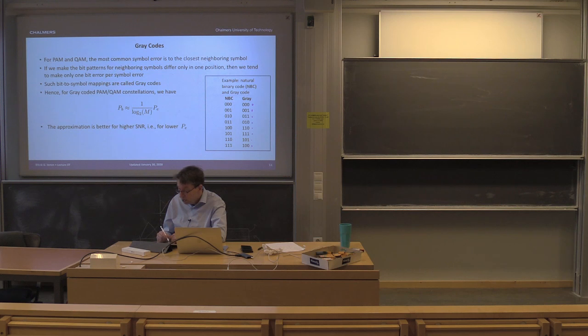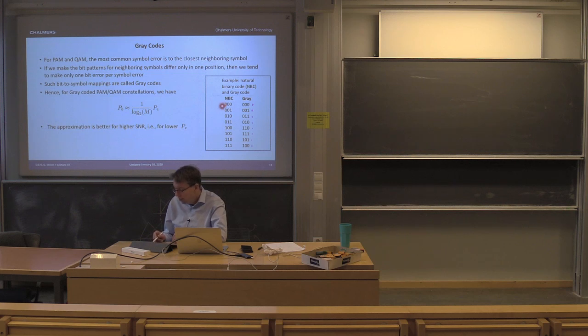And this is in contrast to something called the NBC code, or the natural binary code, which is how you would write 0, 1, 2, 3, 4, 5, 6, and 7 in binary format. That's why it's called natural binary code.